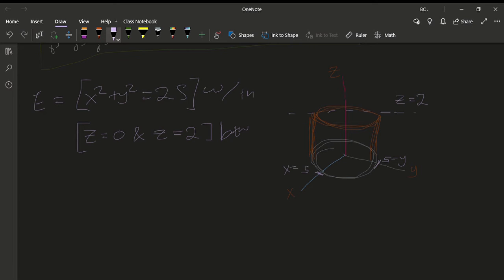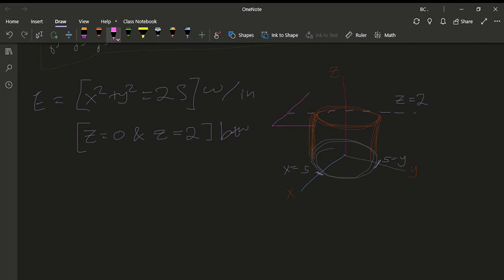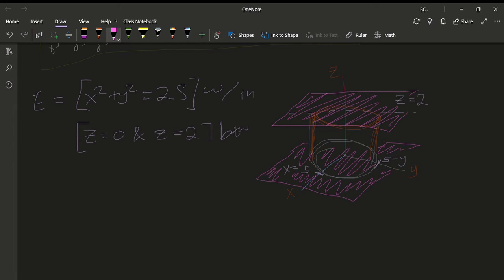So if we were to extend this out a little bit, I'll show you what I mean. This is saying that we've now placed a plane here. And this plane is stopping the cylinder from reaching its full potential. And this bottom plane at z equals 0 is stopping our cylinder from extending any further below the x-axis.